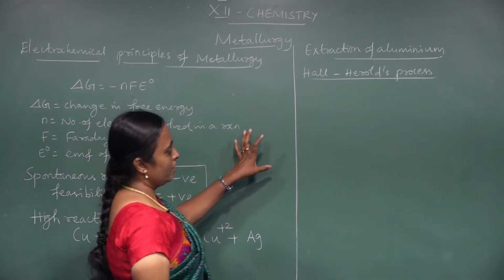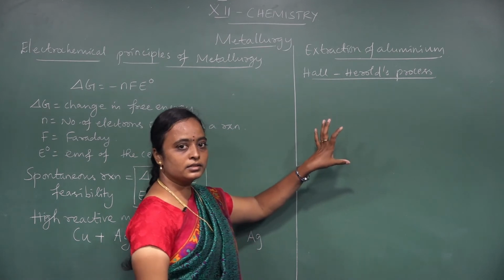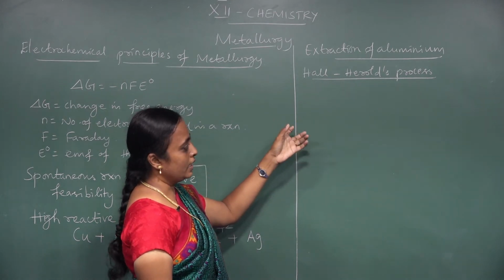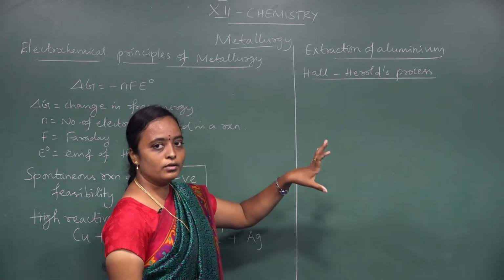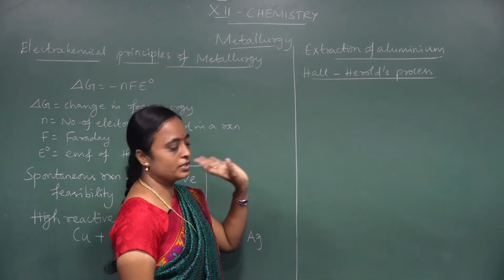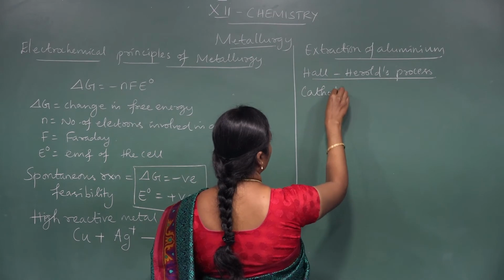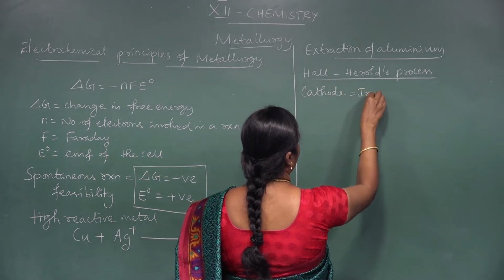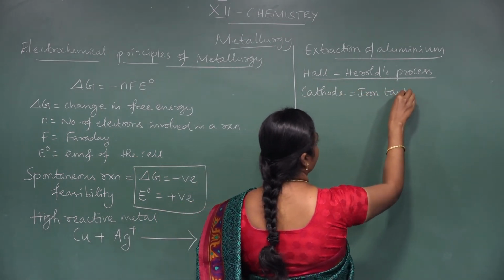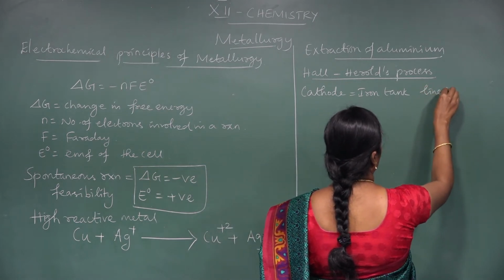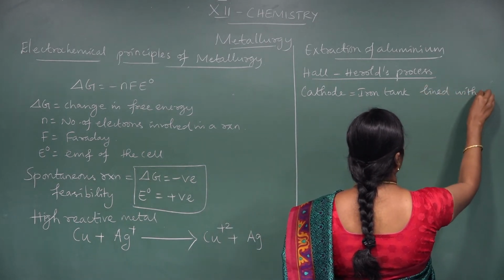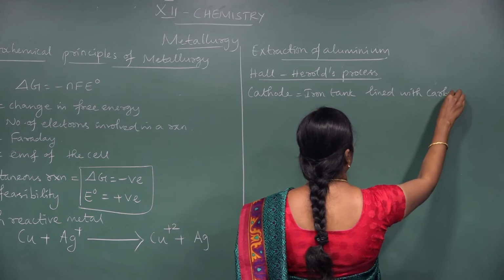So into that I am going to take, this is usually consisting of a cathode, anode and one electrolyte solution. Okay, so usually we can take cathode, iron tank lined with carbon.